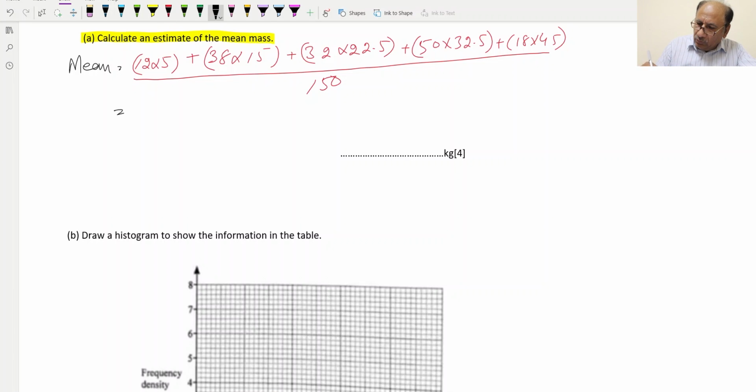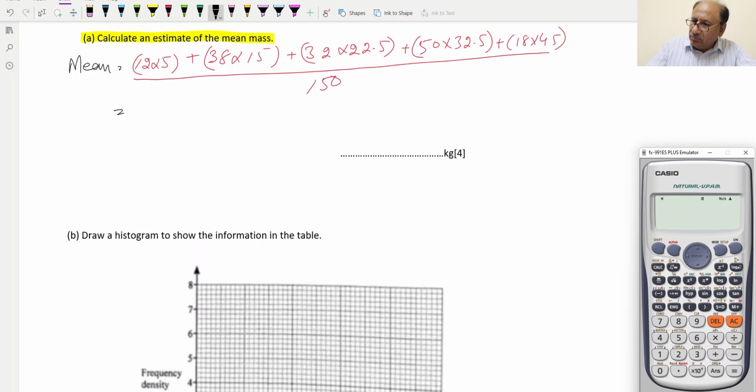Now we can calculate the mean. We can calculate in one go, or you can break it into two steps as you like. I'm going in one go, but you will have to be careful. There should be no mistake.